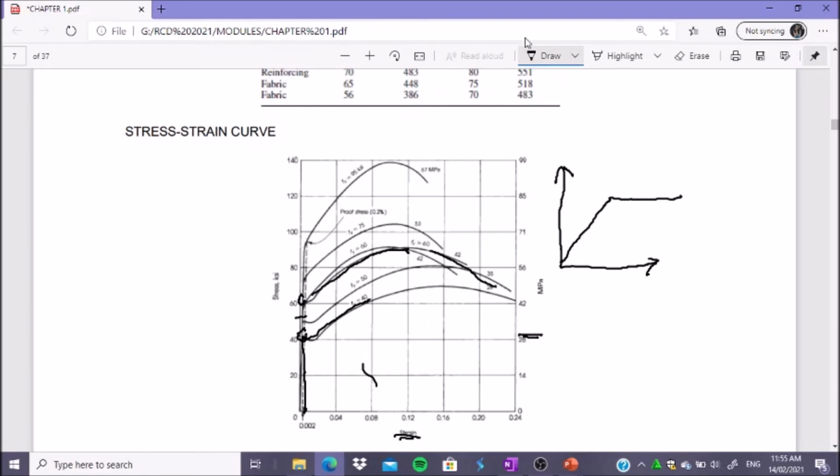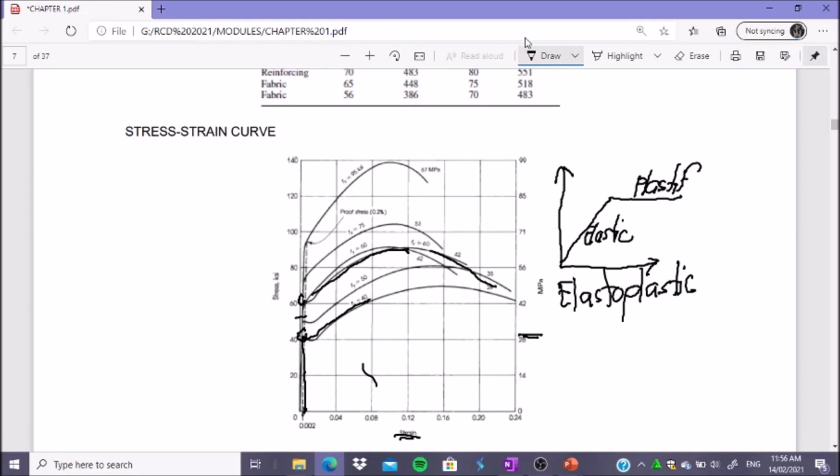This part is elastic, and this part is plastic, actually perfectly plastic. So when the stress strain diagram looks like that, we call the material an elastoplastic material.